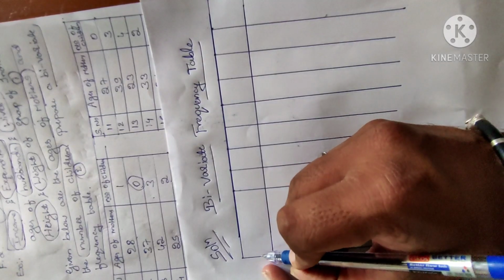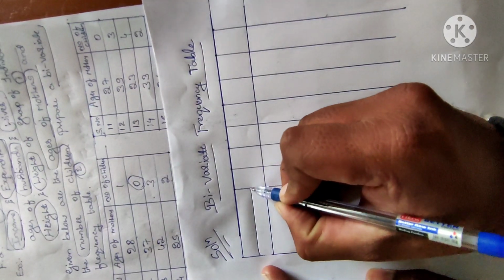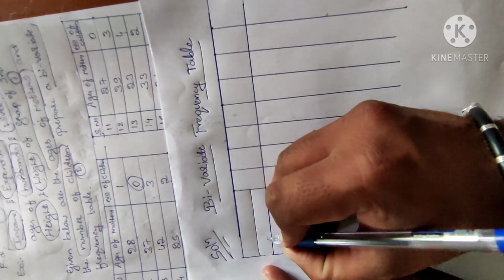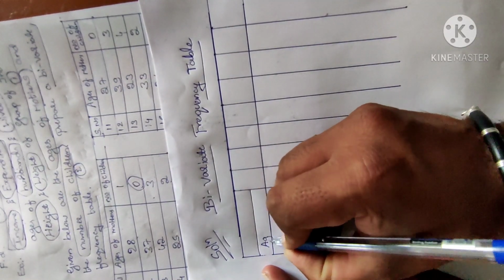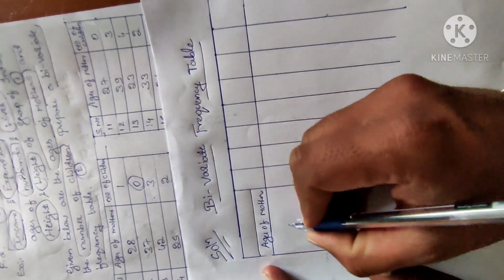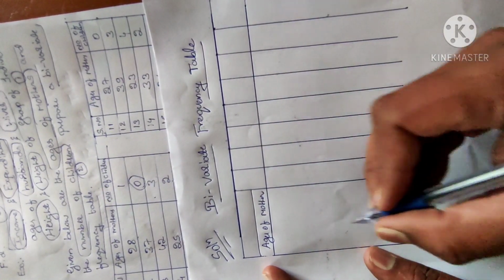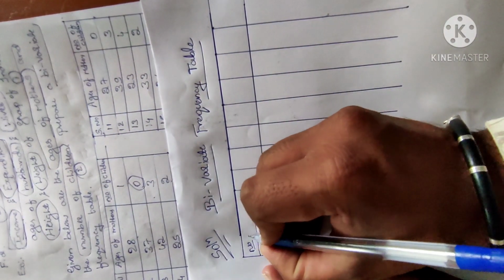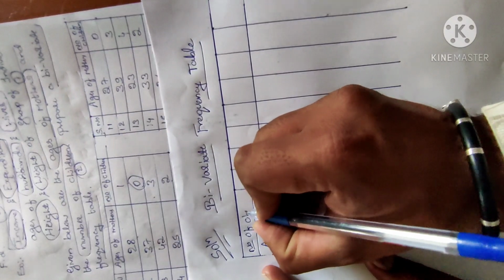First I will record the ages of mother, and the next variable is number of children.